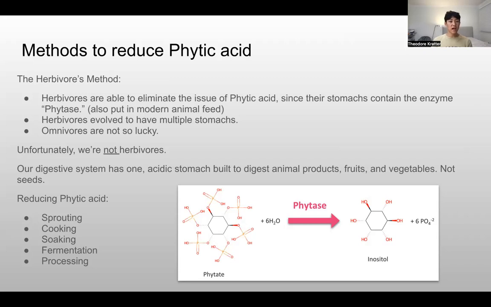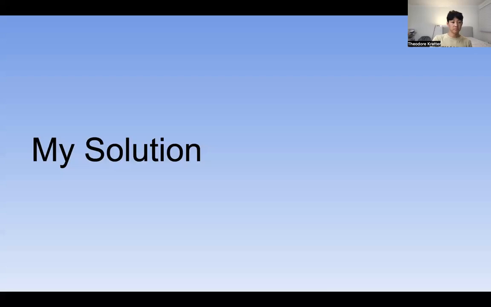That being said, we've still developed some ways to reduce phytic acid through sprouting, cooking, soaking, and fermentation. Sprouting really helps get rid of the phytates and the phytic acid. Phytic acid is water soluble, so you can soak out the phytic acid. And there's also intense processing that is done.